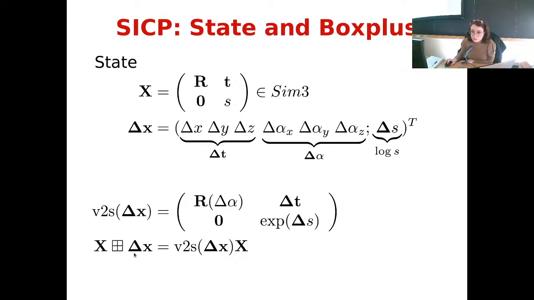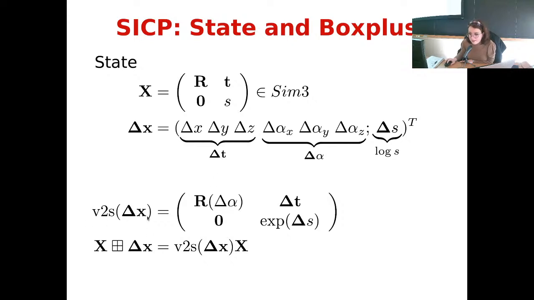And in order to do this, one possibility is to define the vector to similarity function as a function which returns you a similarity matrix, a similarity that has as rotation matrix R delta alpha, as translation vector delta t, and as scaling the exponential of delta s. In this way, when delta s is equal to 0, then the exponential of delta s is equal to 1, then we have the identity.